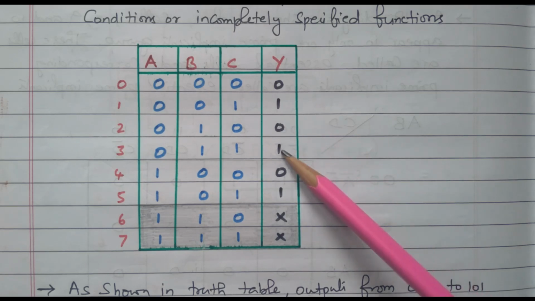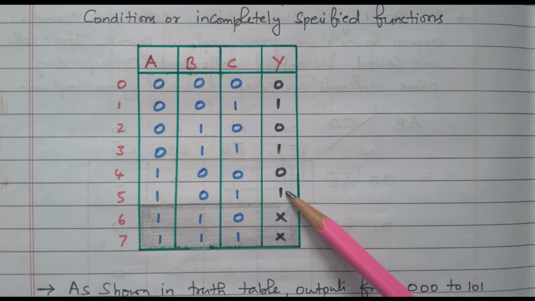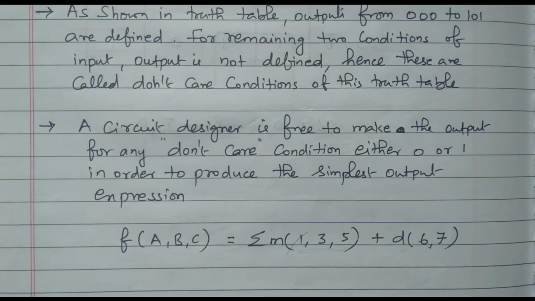So F of ABC equals the sum of minterms 1, 3, 5 and 6, 7 as don't care conditions. In total we have 5 terms. When we plot the K-map for these 5 terms, these 3 have high output, and 6 and 7 are don't care conditions, marked as either D or X.